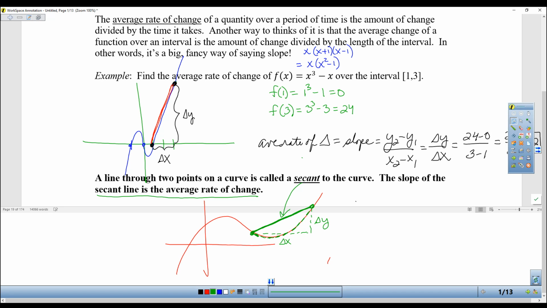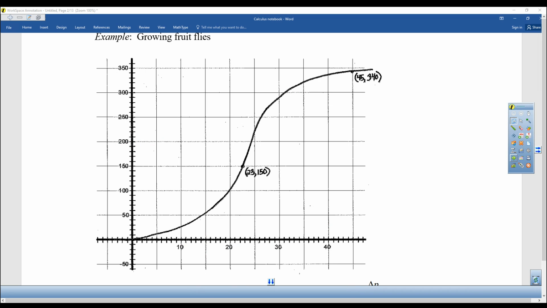So let's find the average rate of change in an actual word problem. We are growing fruit flies. Mr. Ward across the hall would be pretty happy about that. The number of fruit flies that are growing is changing every day. So right here, it's changing pretty fast.